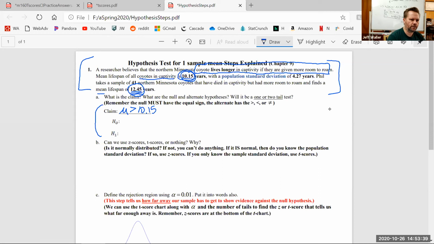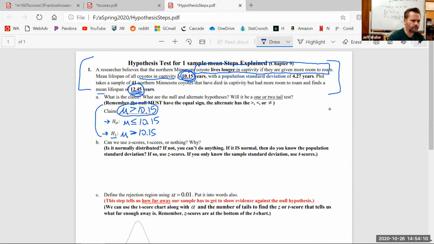Now, somebody else tell me, which one does that statement we just wrote go into? The alternate hypothesis. Yes, in the alternate hypothesis, because it doesn't have an equal sign. And then the opposite of that is going to be less than or equal to. I like it. So is this going to be a one-tail test or a two-tail test?